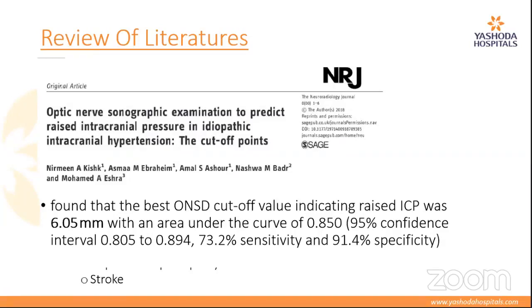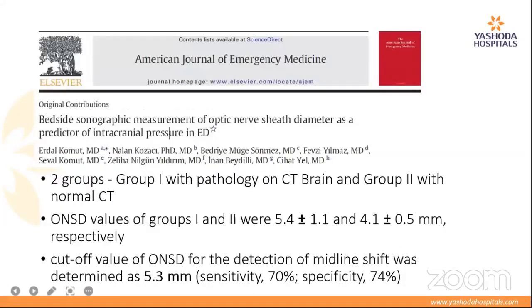This study had a sensitivity of 73% and specificity of 91.4%. Another study was conducted by Qamar et al. from 2013 to 2015. It was divided into two groups: group 1 with pathology on the CT brain, and group 2 with a normal CT.